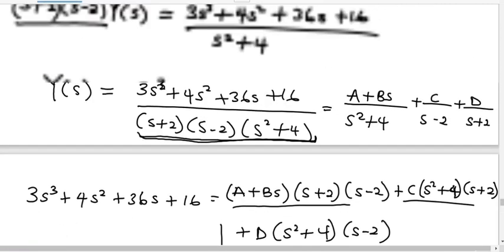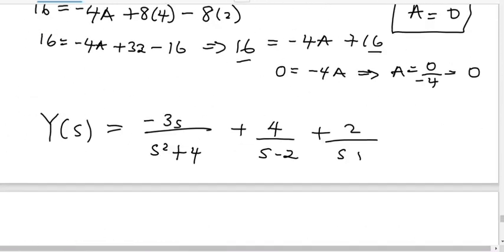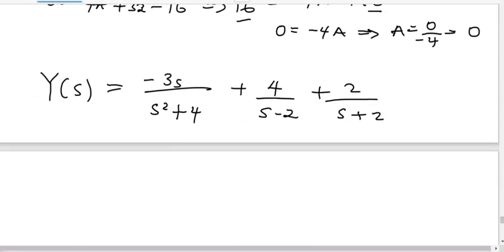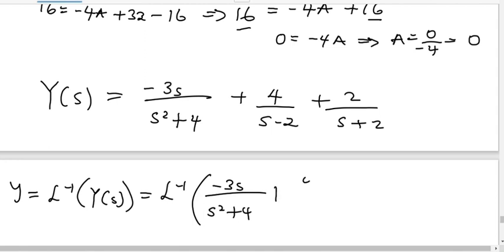So our y is equal to the Laplace inverse of Y of s, which is the Laplace inverse of negative 3s over s squared plus 4 plus 4 over s minus 2 plus 2 over s plus 2.